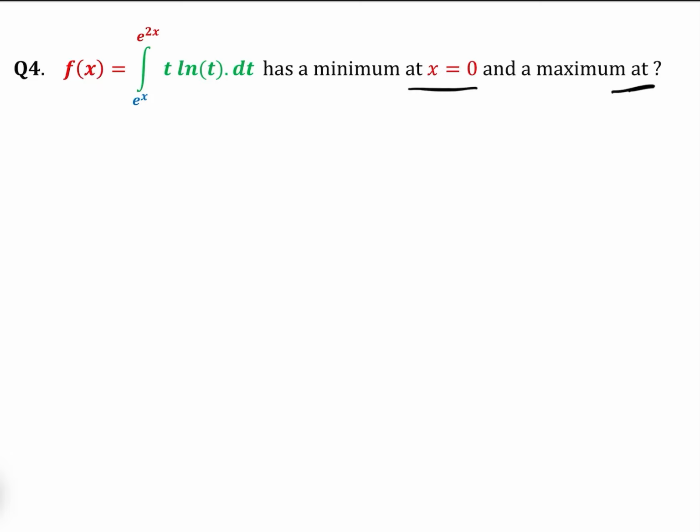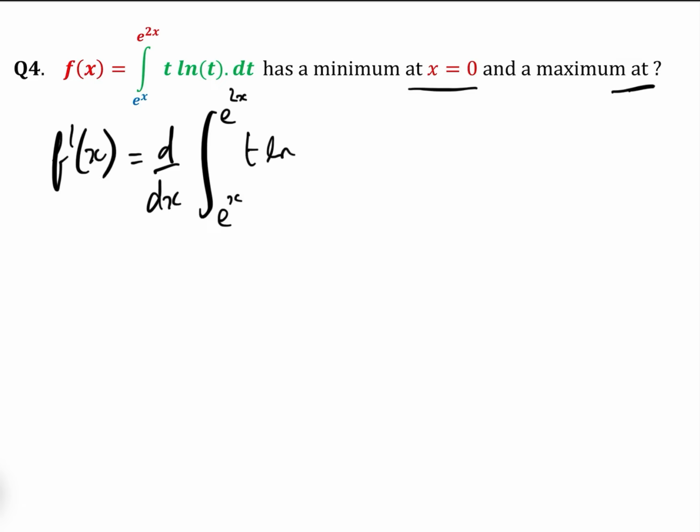Okay, so clearly what we need to do is we need to differentiate. So that's f dashed of x equals d dx of the integral between e to the 2x and e to the x of t log t dt. All right, we're going to use exactly the same formula.